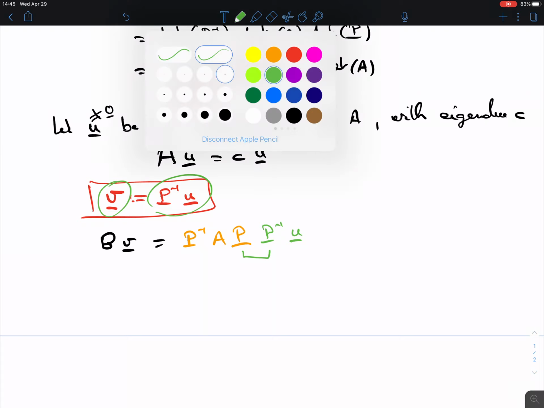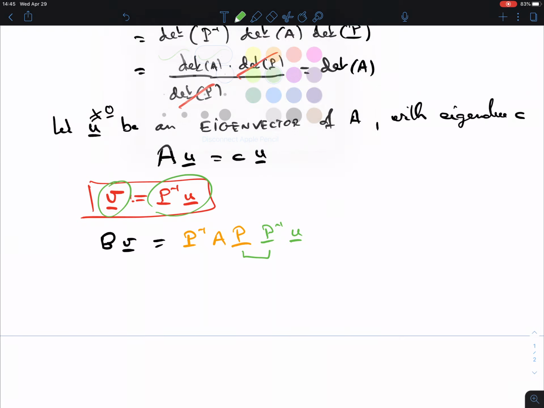So this simplifies. Is that clear? That this is the identity matrix now. So we say we are size n. In other words, we don't have to write it. It's an identity matrix. So the result is that P inverse stays there, A stays, but these two cancel out, and we have U left.